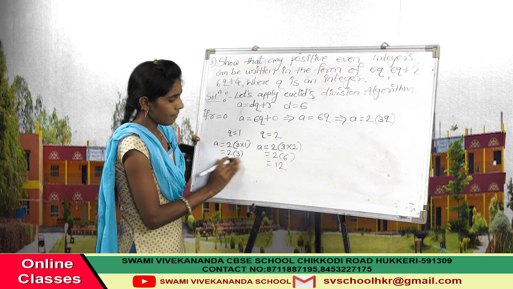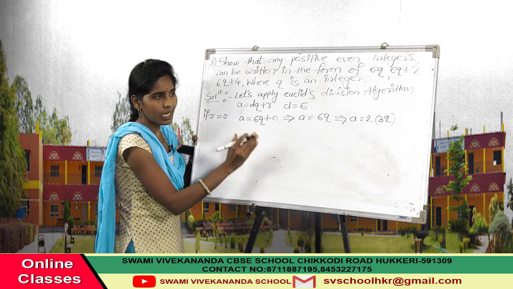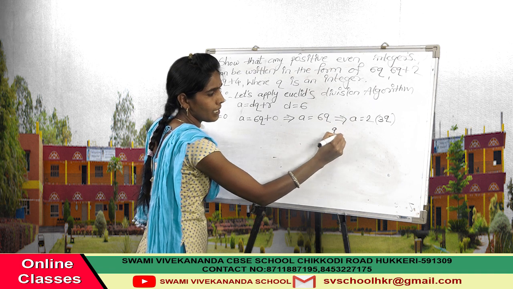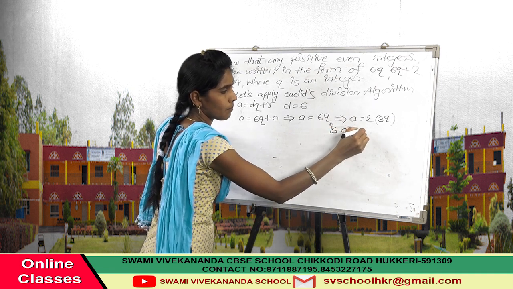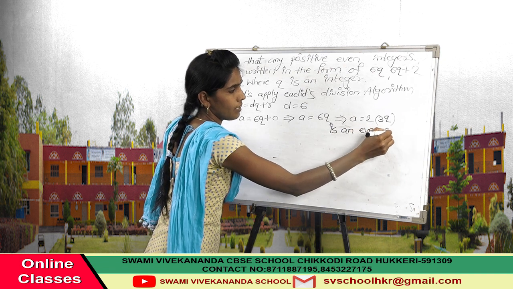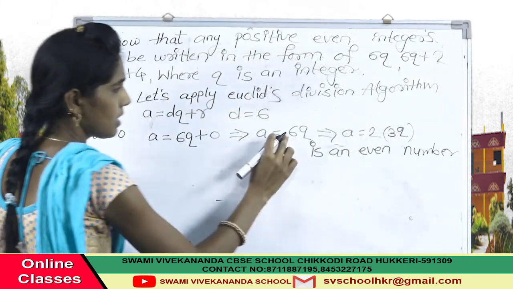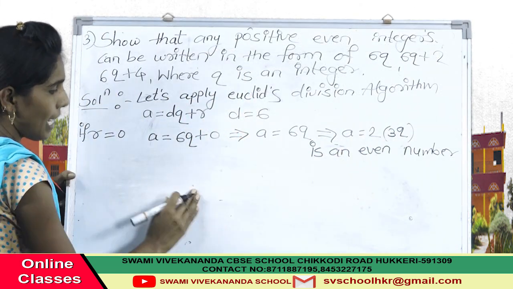When an even number is multiplied by any number we get an even number. So 6q is an even number.